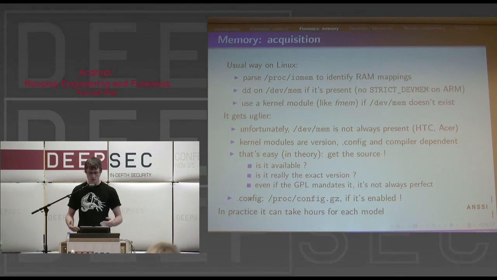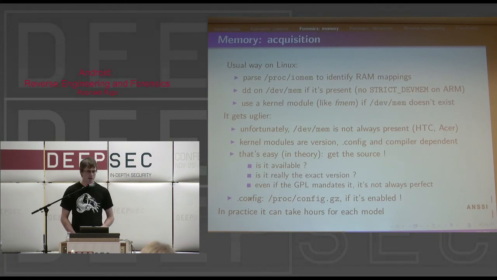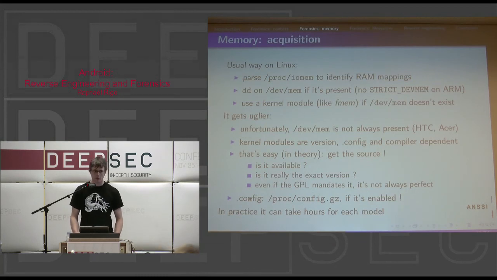So you're not even sure you get the right one. And how do you get the .config file to rebuild your kernel or kernel modules? Either they activated config.gz and then you get it from the phone. Otherwise, you hope that it's included in the source code. And in practice, just getting the source code, rebuilding, finding the right configuration, it can take hours for every phone model. So if you go this way, you have acquired memory. Now you have to analyze it.